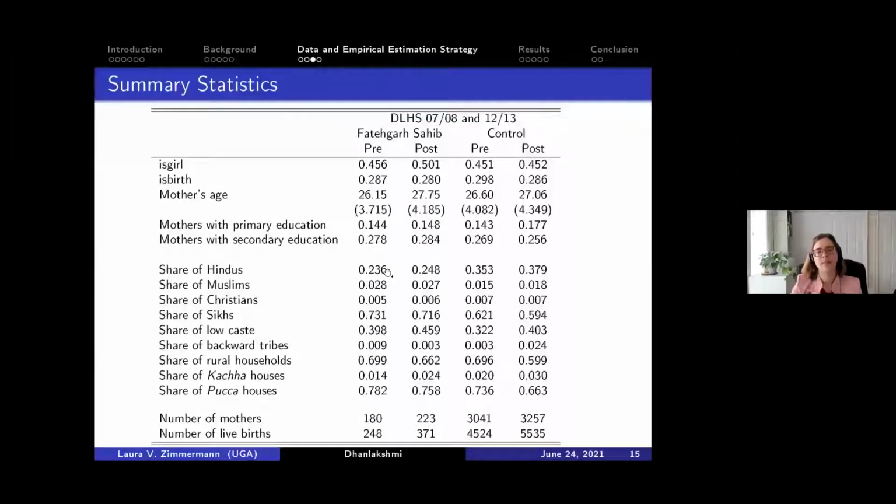So Fatehgarh Sahib has a lower proportion of Hindus and a higher proportion of Sikhs than the typical control group district. And Fatehgarh Sahib is a bit better off socioeconomically, which we're here proxying by the type of housing. And so the pucca houses here are engineered houses. And so we have a bit of a higher percentage here than we have in the control group district.